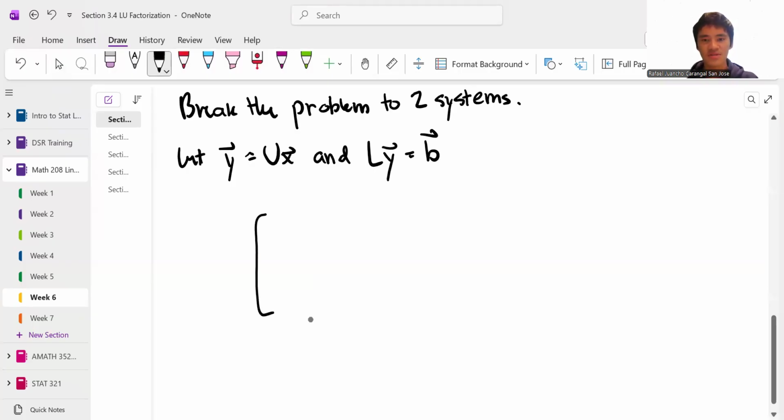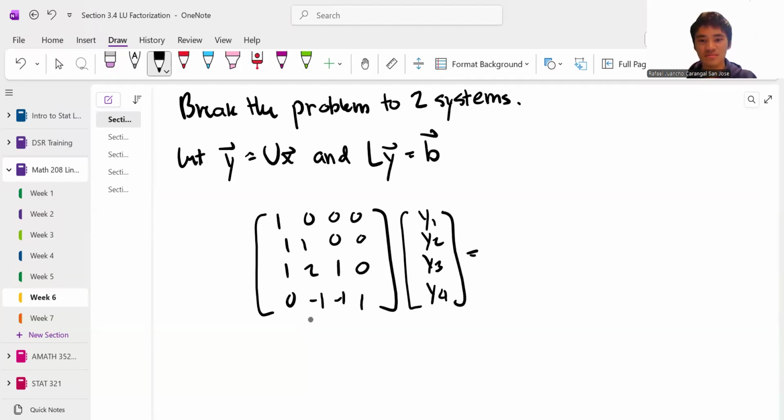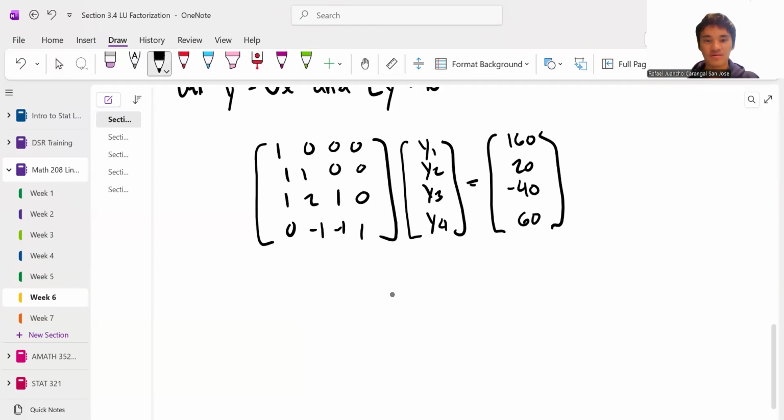This is the lower matrix L: 1, 0, 0, 0, 1, 1, 0, 0, 1, 2, 1, 0, and lastly 0, negative 1, negative 1, 1. That multiplied by y1, y2, y3, y4 is equal to b: 160, 20, negative 40, and 60 again. Well, this is quick, right?